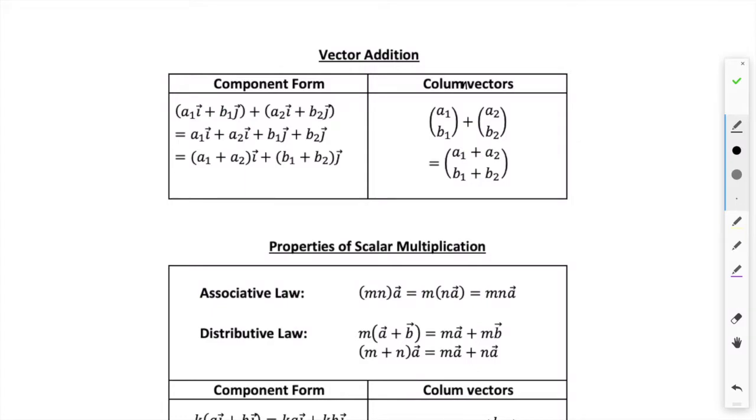So you can find the similarities that we're always grouping like components, the same components together. In component form, you're technically adding all the i's together and then all the j's together, okay? As column vectors, you add across the i components or the x components, and then you add the y components, just like that. So it's pretty straightforward, okay?